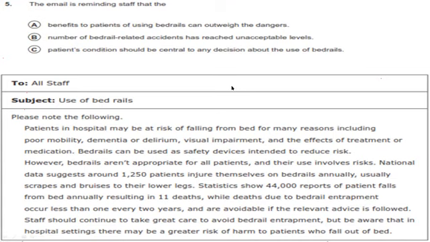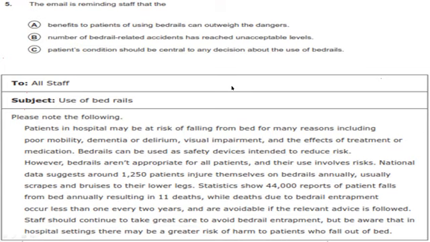Okay, why did you choose this answer? In the third line, there is "bed rails can be used as safety devices intended to reduce risk." Okay.